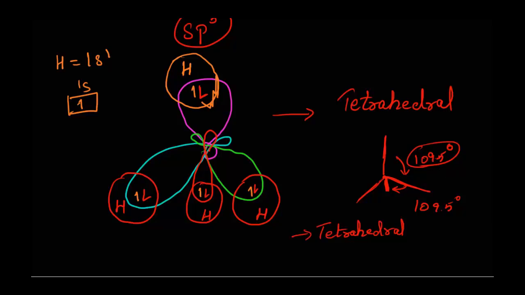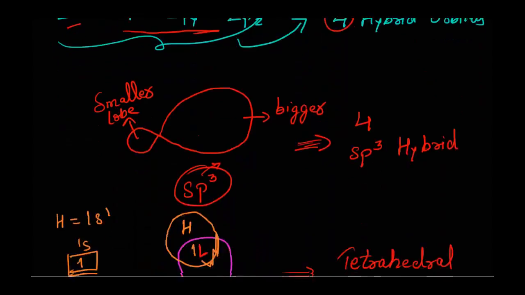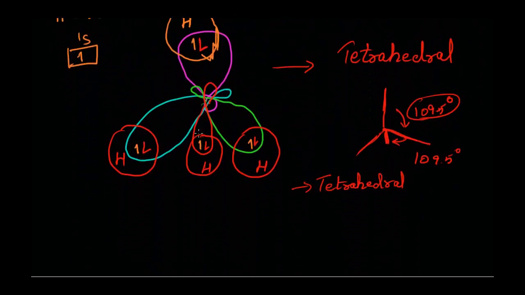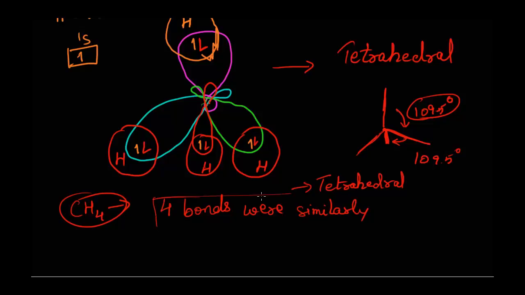Now the question will be, why did I have to make hybrid orbitals? Why didn't the 1s orbital of hydrogen just overlap with the 2s orbital and the 2p orbitals? When we observed the bond angles of CH4 experimentally, we found that all the four bonds were similar, and the angles between all the four bonds were equal.